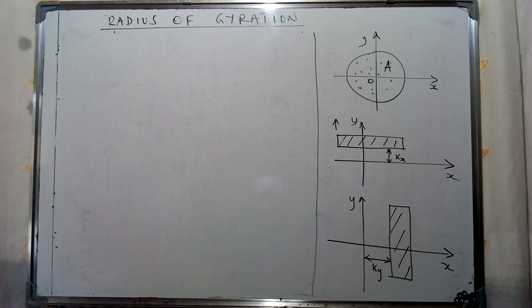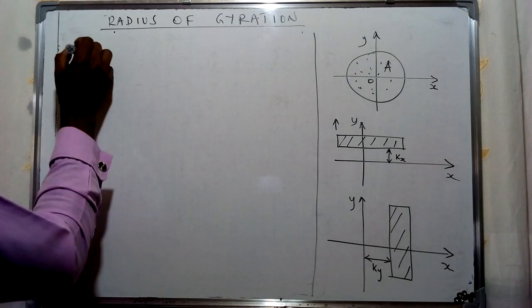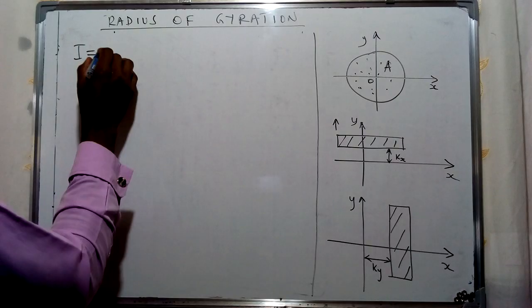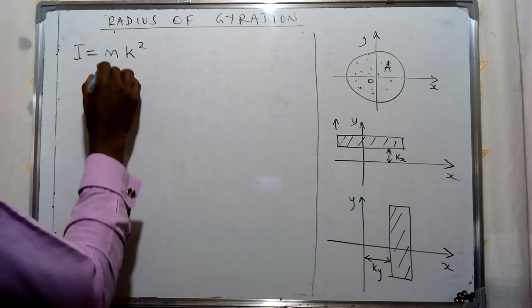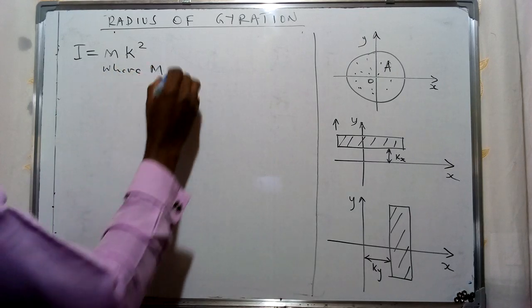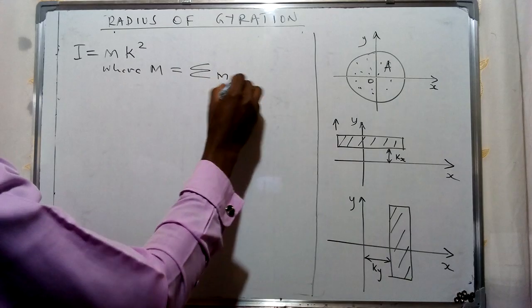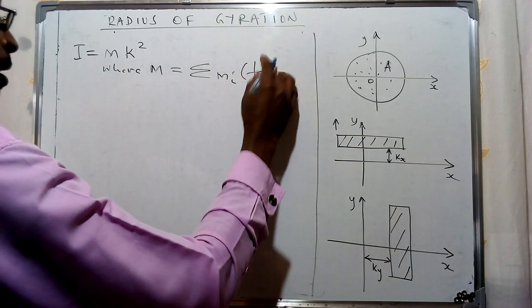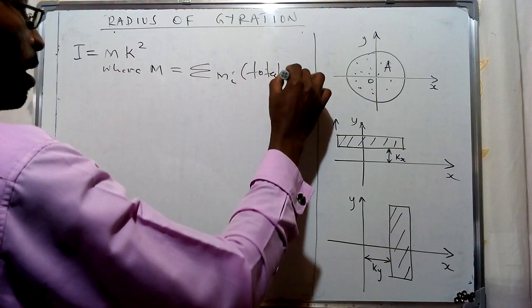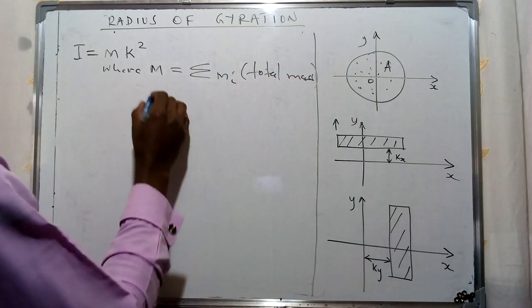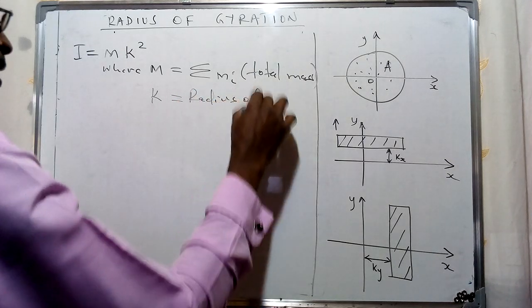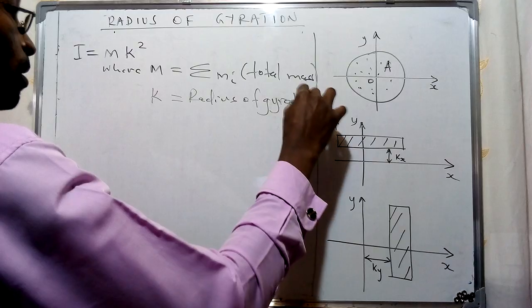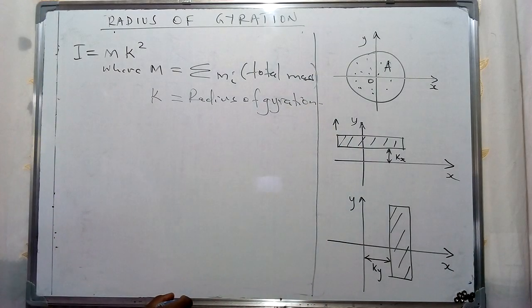So we can represent the moment of inertia of this application as the product of m and k squared, where m is the summation of the mass elements, which forms what we refer to as our total mass. k represents the radius of gyration, the radius at which we consider the mass to rotate.